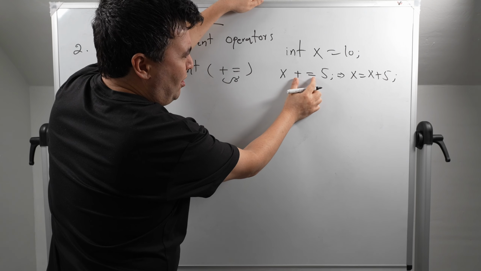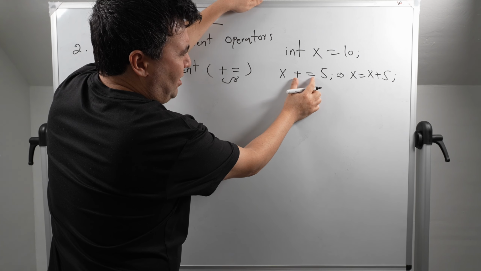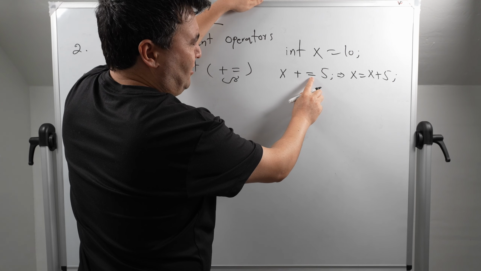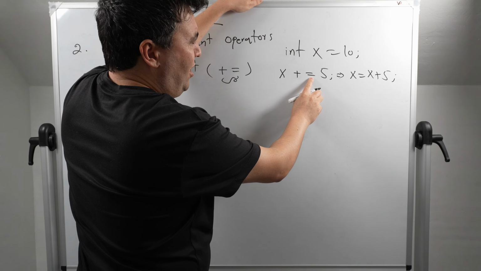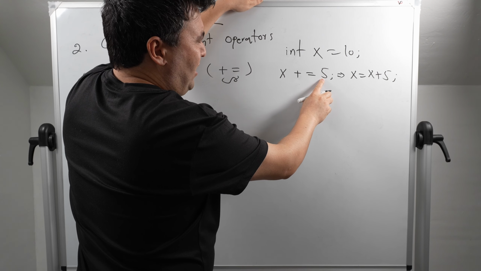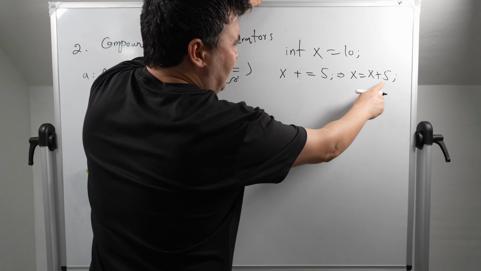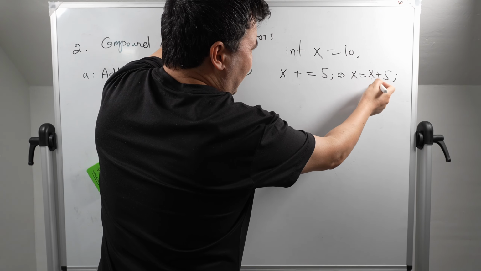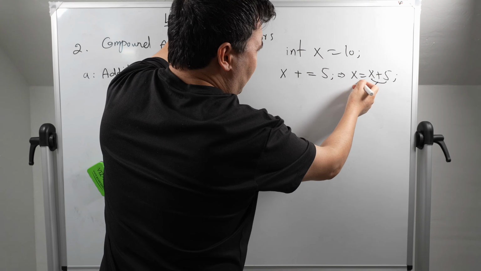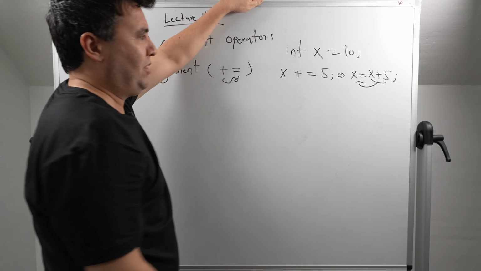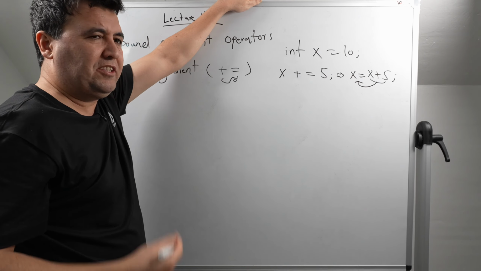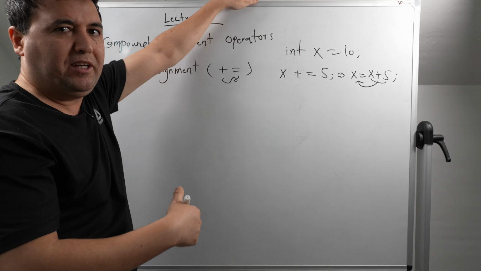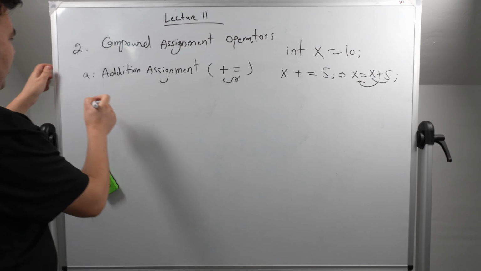We use two operators, the addition and the equal or assignment operator, which assigns the value. So here what happens, it means add 5 to the variable x, and then the result should be stored inside variable x. So at the same time we do addition, then we do assignment. So it's called addition assignment.